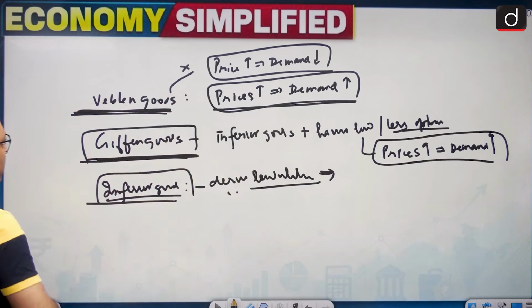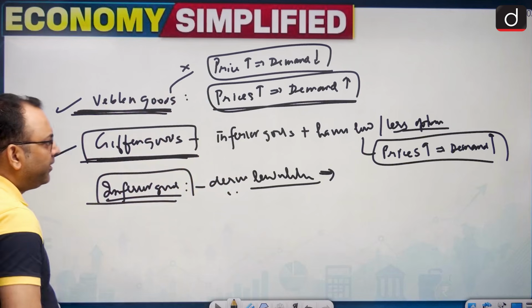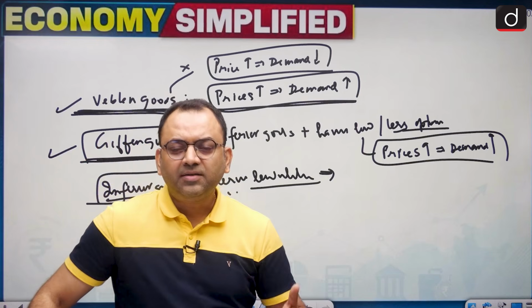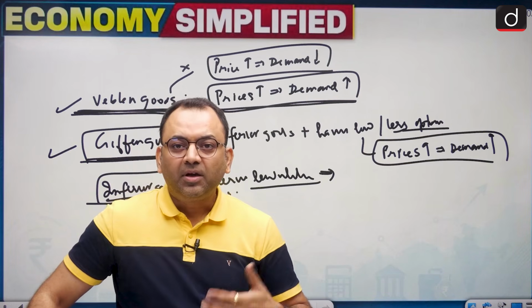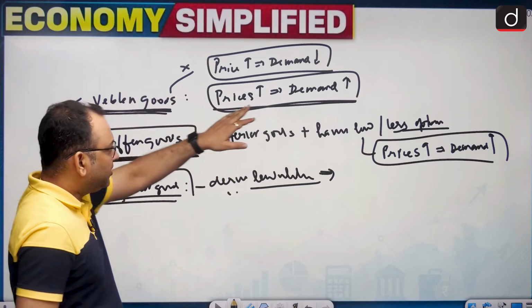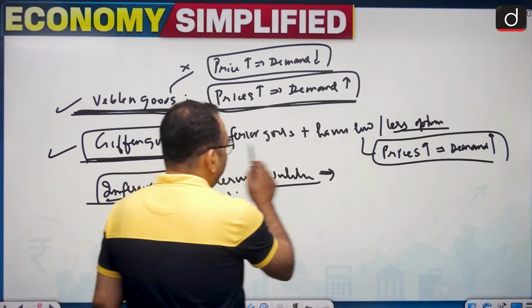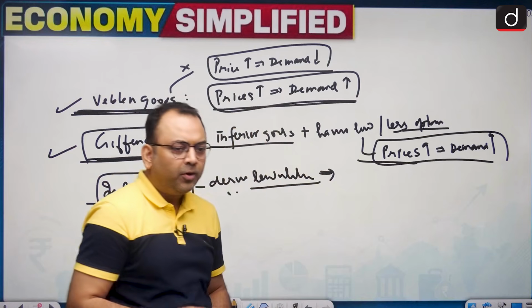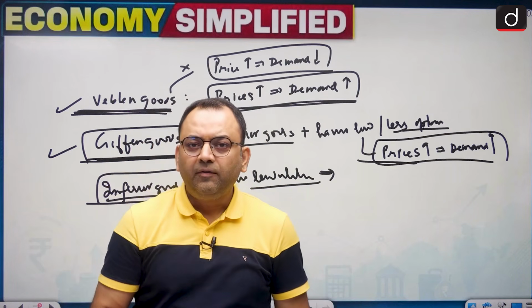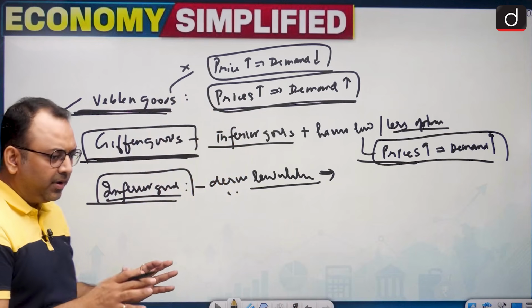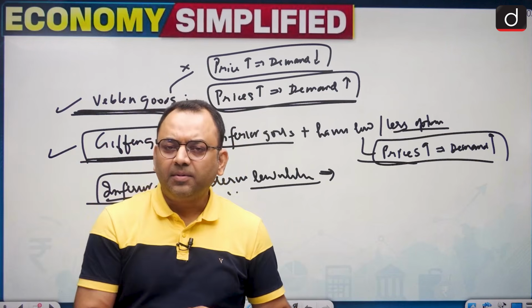So both of them do not follow the law of demand, because in both cases, whenever the prices increase, the consumption increases. This consumption increases because people consume to show off, and this increases because people have no other option but to fall back onto the inferior goods, right? So this is the idea of the law of demand, the demand concept and the supply concept.